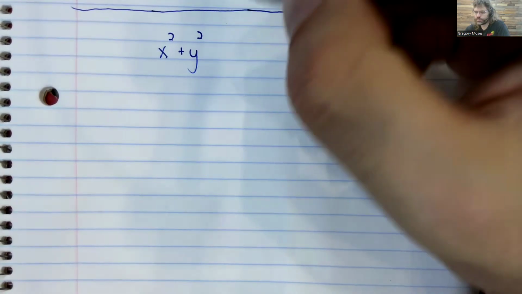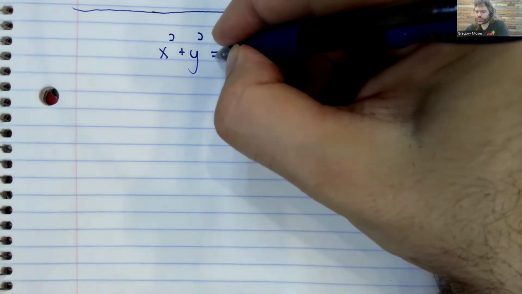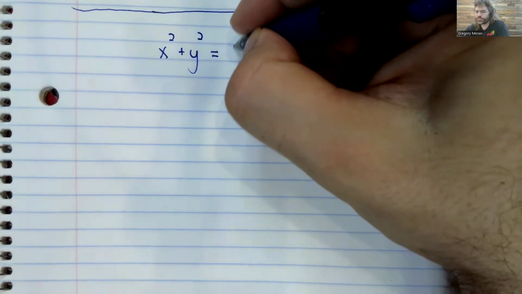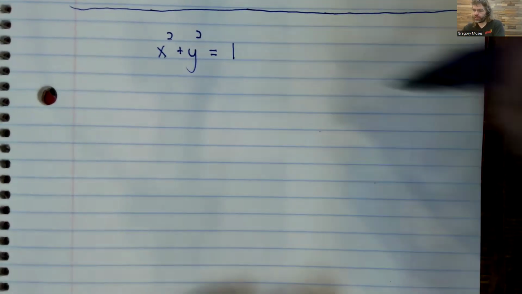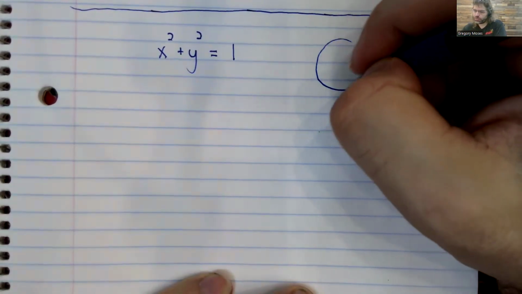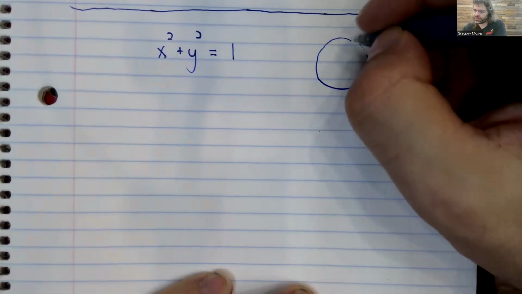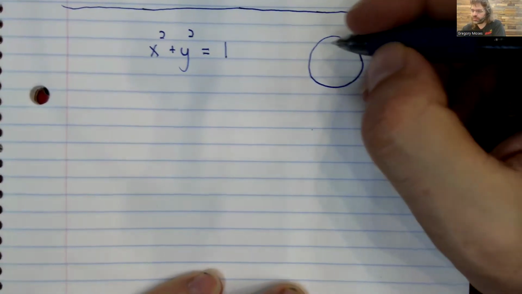Let's look at this concretely with an equation. x squared plus y squared equals 1. And we'll state a specific point.